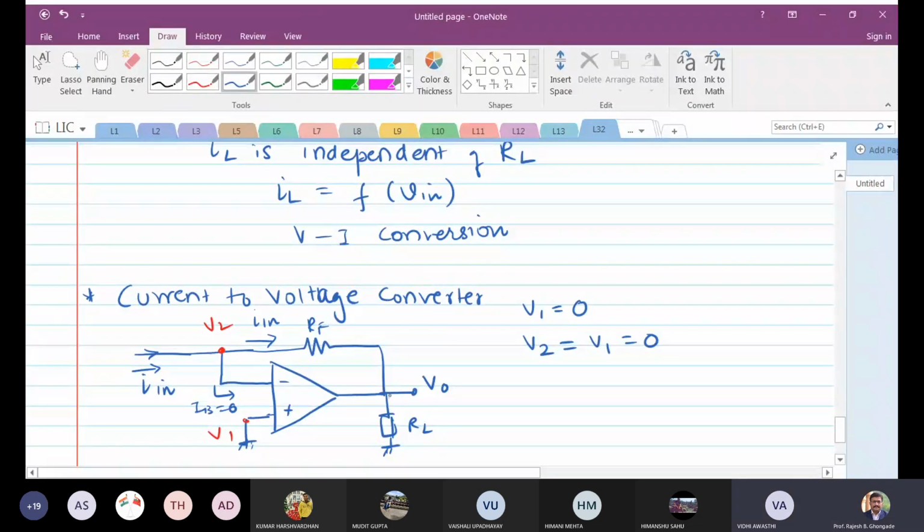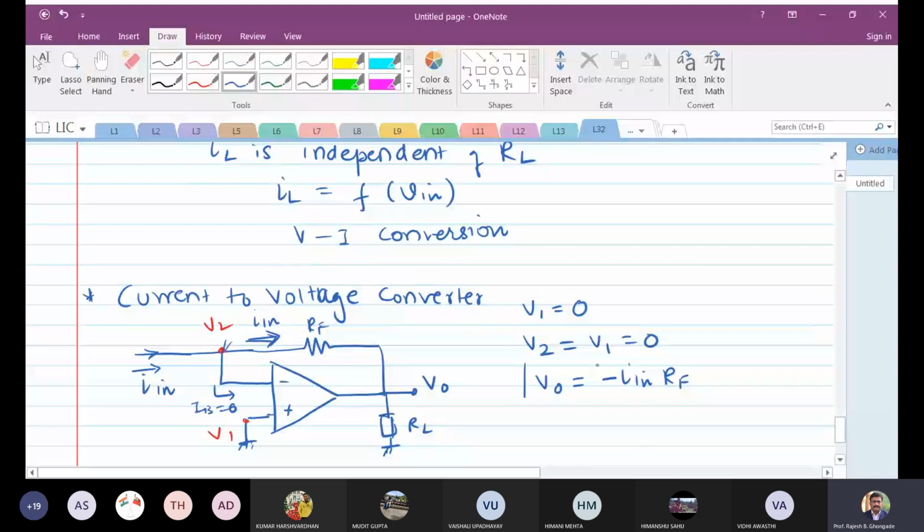So what is the value of VO then? It will be simply I in into RF. But look at the direction. It flows like this. It means that this voltage 0 volts is higher than VO, so you're going to get a negative sign here.